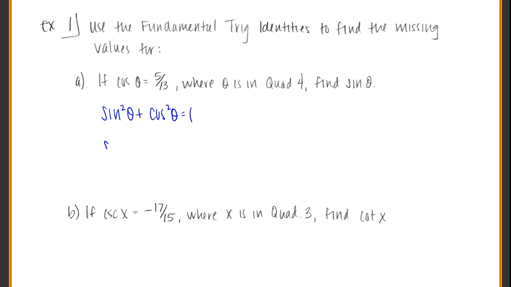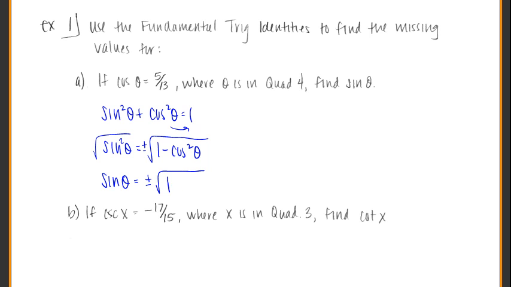Or we can see it as sine squared theta is equal to, moving that over, 1 minus cosine squared theta. If we want to get rid of the square, we take the square root, plus or minus. So sine of theta is plus or minus the square root of 1 minus cosine squared theta.